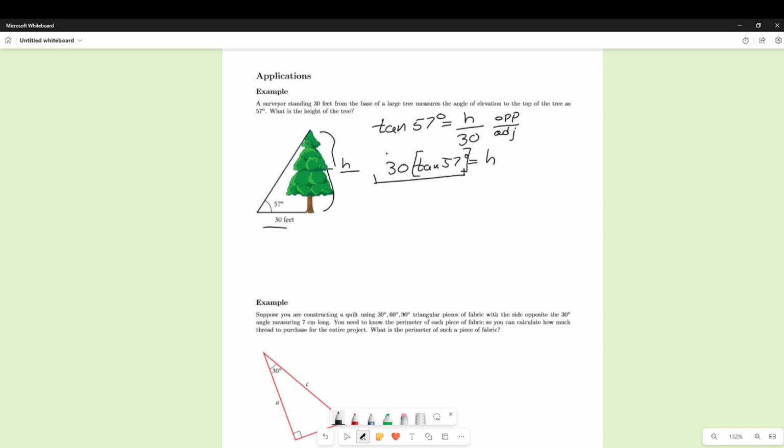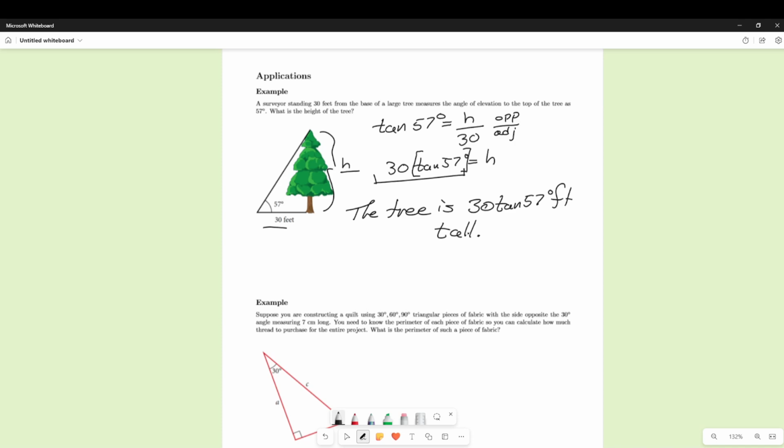And if you wanted to be exact, and particularly you engineers in there often want to be very, very exact, the tree is 30 tangent 57 degrees feet tall is a perfectly reasonable answer. You want to find the decimal approximation so you can get a feel for it.